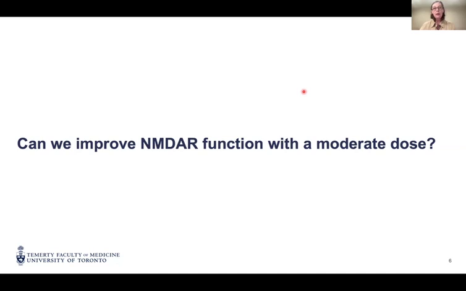And this is one that has a variant in the glycine binding domain. So these don't have any problems getting to the surface of the neurons. And really their main problem is that they aren't activated by glycine the way a normal NMDA receptor should be activated.